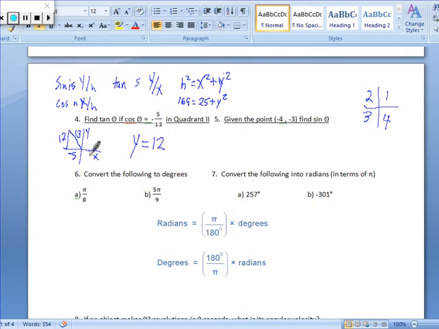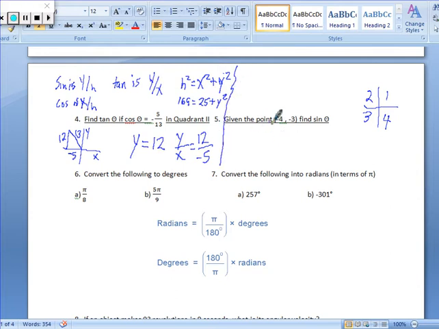So I drew my picture. Here's my x. Here's my hypotenuse. I have to solve and figure out what that third side is. So tangent is y over x. So if I have y over x, then I have 12 over negative 5. Basically it's to figure out if it's y over the hypotenuse, x over the hypotenuse, or if it's y over x.